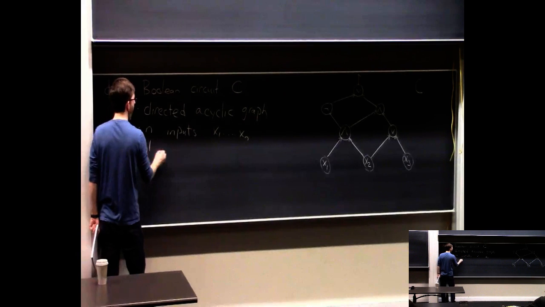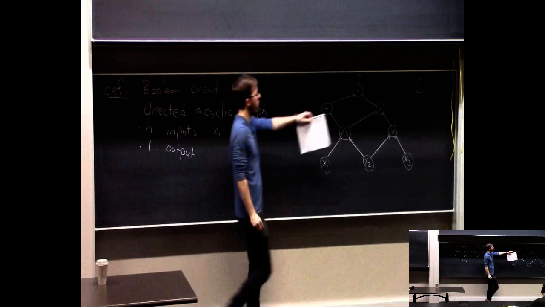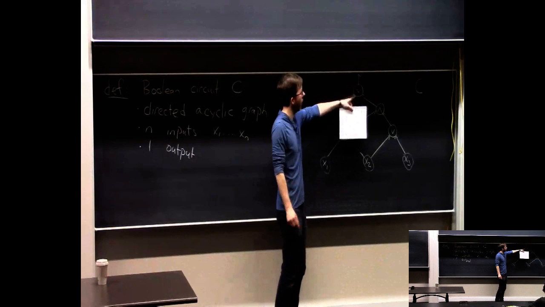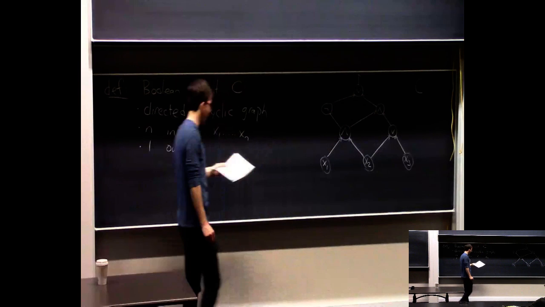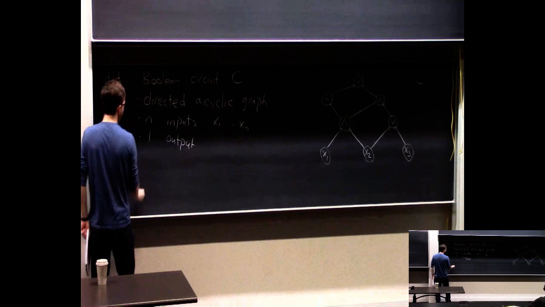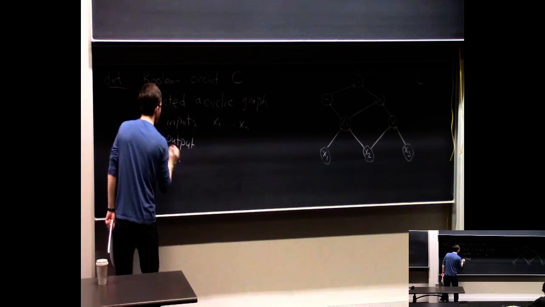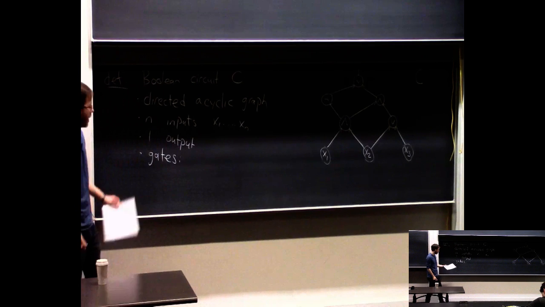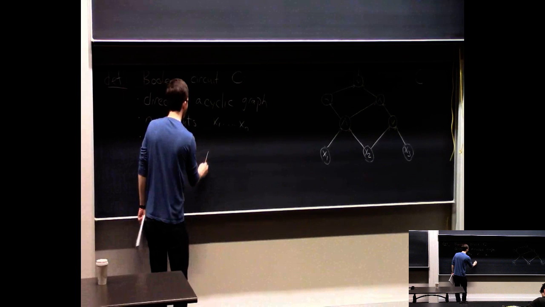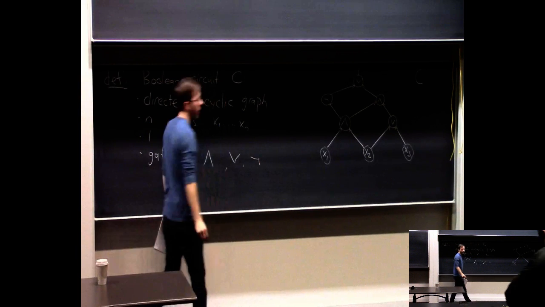It has one output, which is this wire coming out of the top. Or you might think of it as this last circuit in the DAG order. And as I said, these vertices are called gates. So sometimes people allow different kinds of gates, but let's keep it simple and say we have and, or, and not gates.